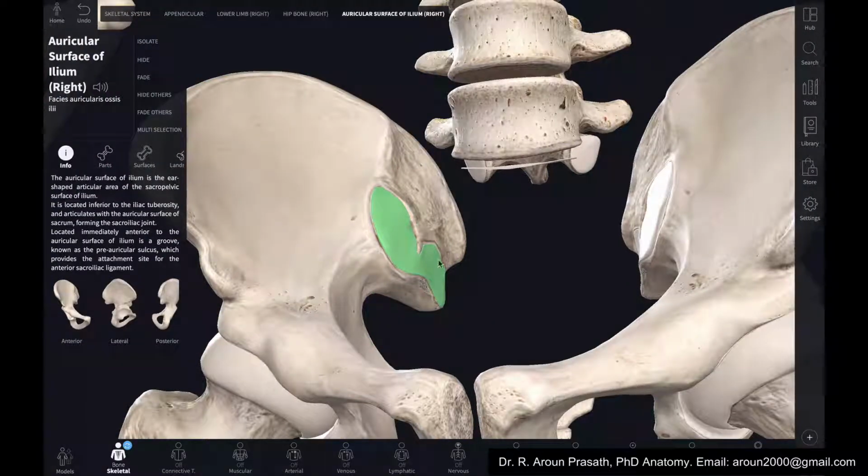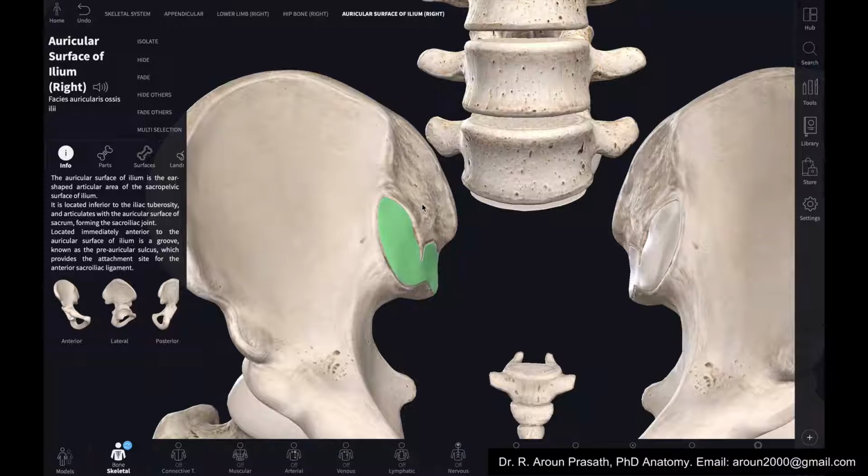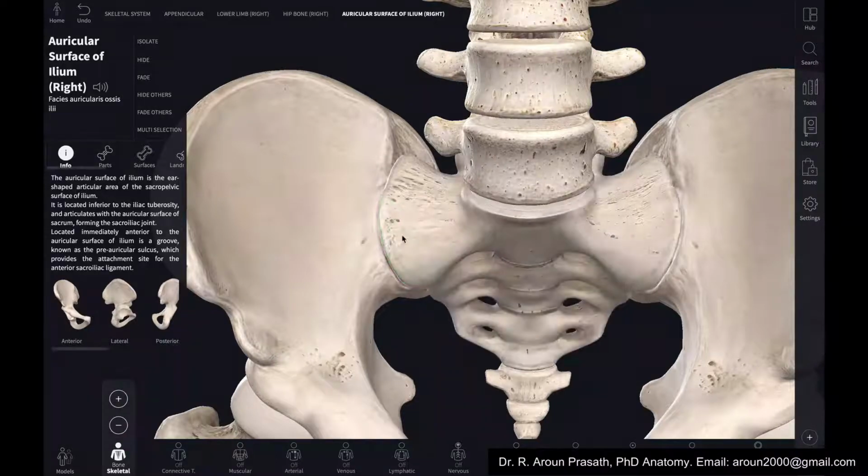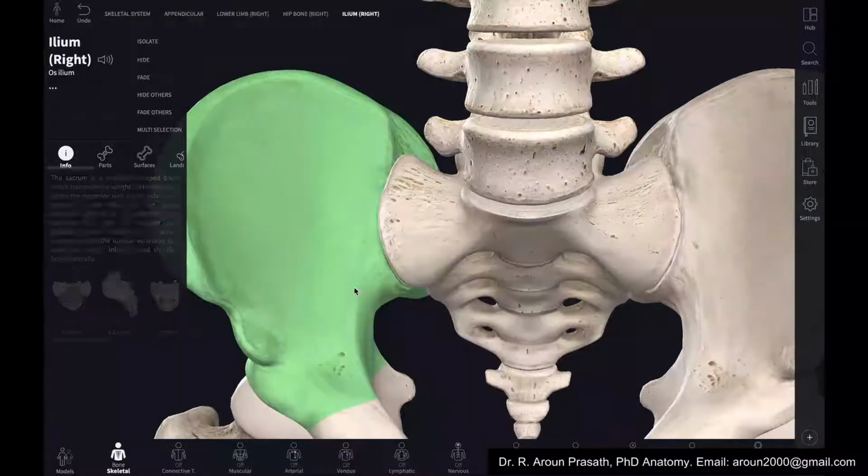That means this joint allows a slight degree of movement in the body. That is the speciality of the sacroiliac joint, a joint between the sacrum and the ilium.